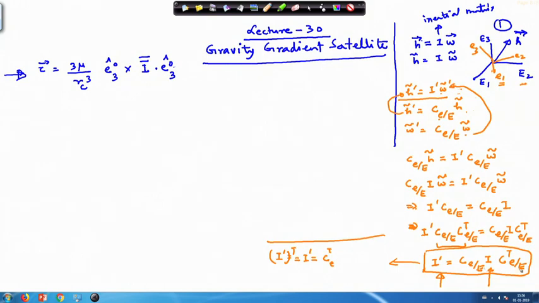Taking the transpose does not matter here, so we skip this process and will take up this part later on. This way we can convert from one frame to another frame.